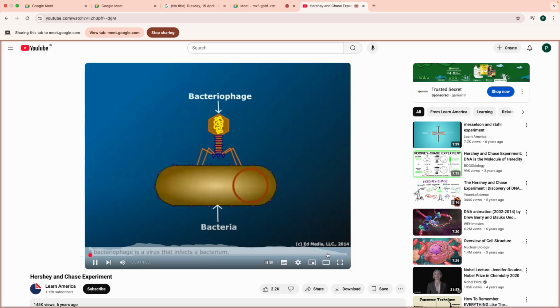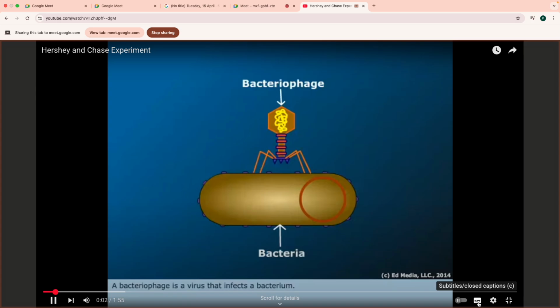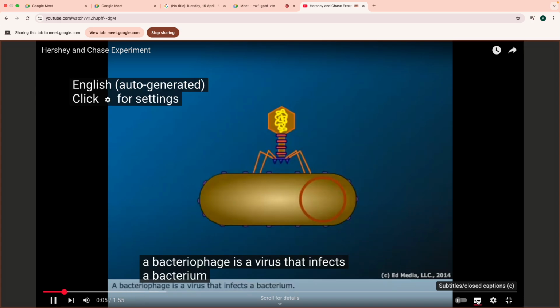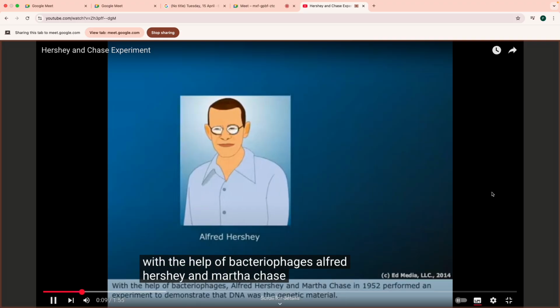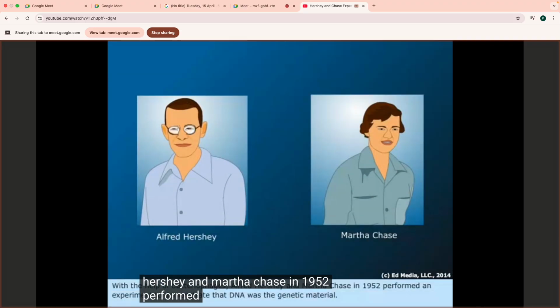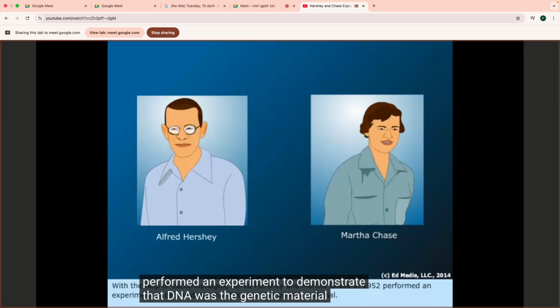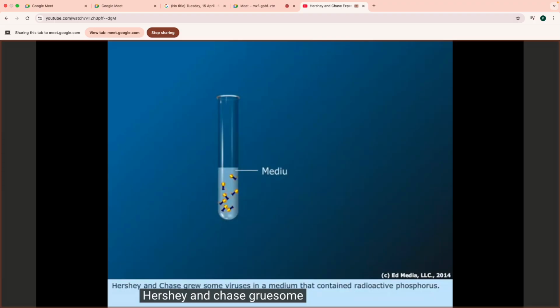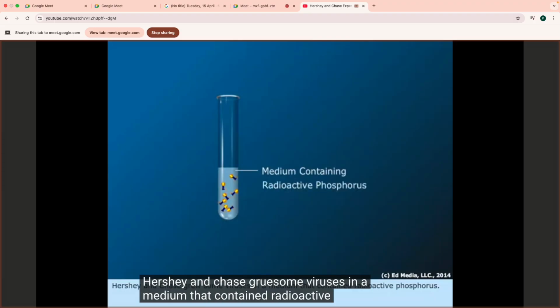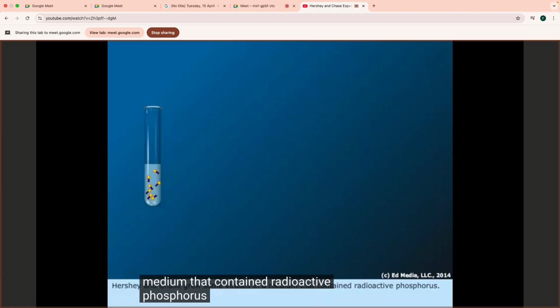A bacteriophage is a virus that infects a bacterium. With the help of bacteriophages, Alfred Hershey and Martha Chase in 1952 performed an experiment to demonstrate that DNA was the genetic material. Hershey and Chase grew some viruses in a medium that contained radioactive phosphorus.